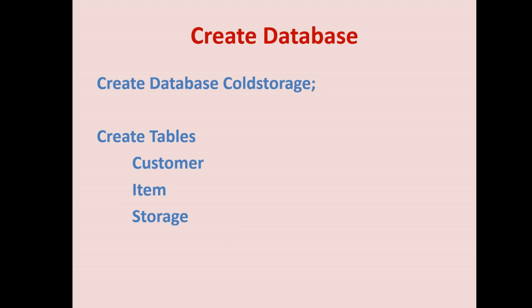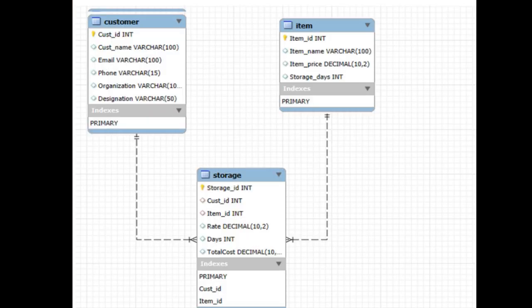That is the customer who is willing to visit our cold storage and wants to save his item in our cold storage. So we need his details to be inserted in this table and we have to manage the customer table. Similarly, we need an item table for which items we are going to store in our cold storage, and the third table is the storage detail table, known as the storage table. Let us understand in detail.